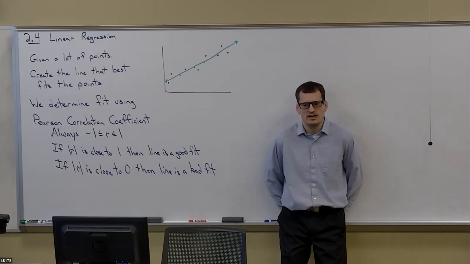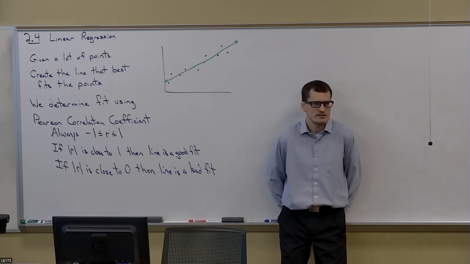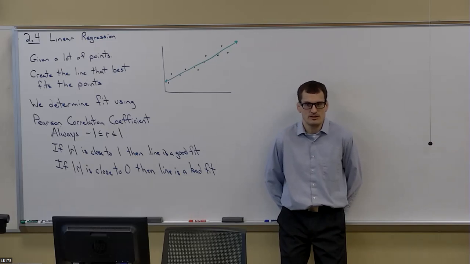Depending on the context, 0.3 could be either close or far away. In social sciences, usually they allow for R's to be pretty low and still say, yes, things are correlated. Like an R of 0.3 with a really large data set is a good correlation in social sciences.